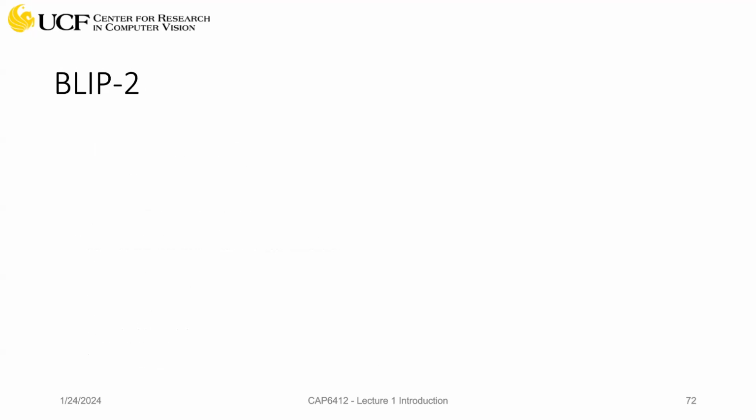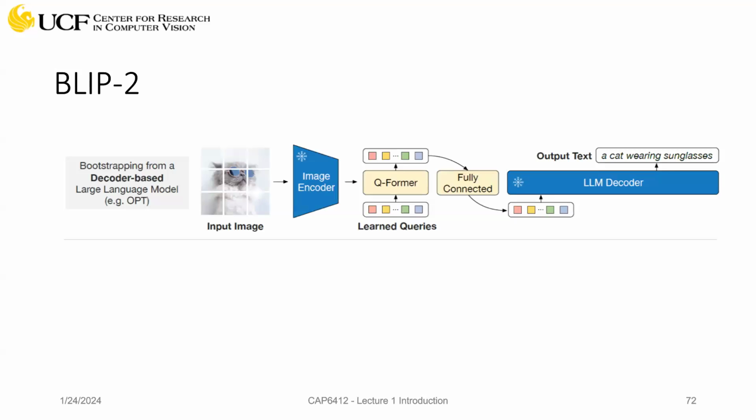BLIP-2 is known for. Once you have trained the Q-former, again, Q-former is an interesting concept. It extracts the useful information from the image based on a text. That's why it's called a query token.